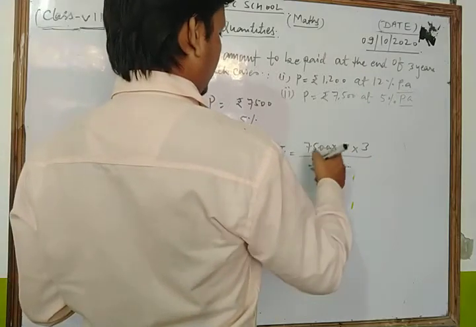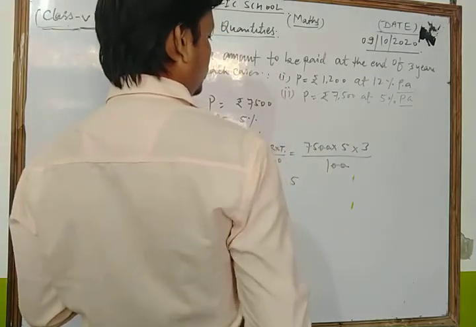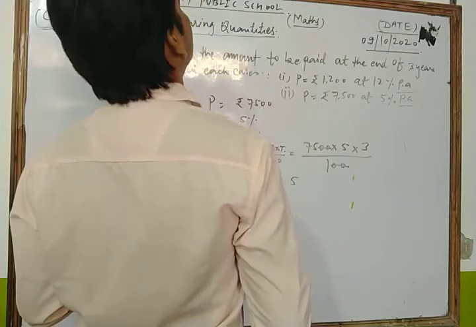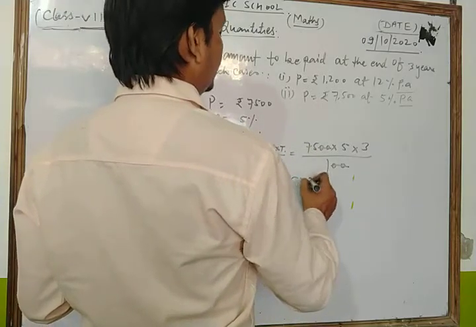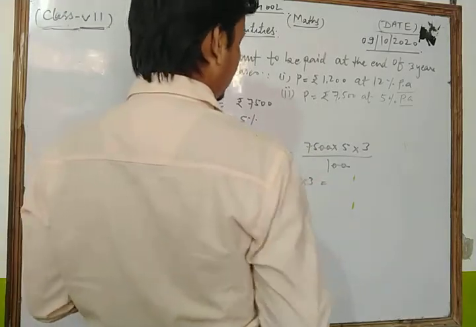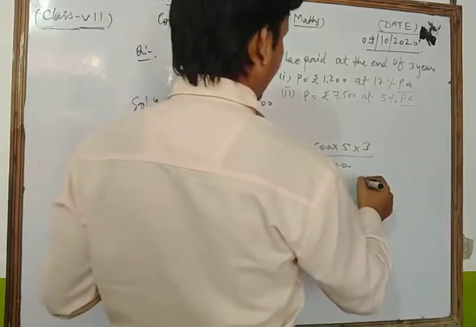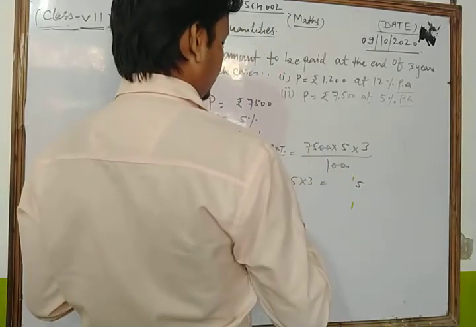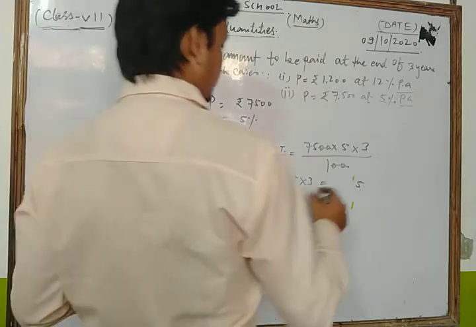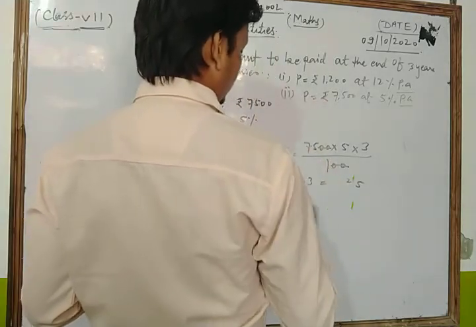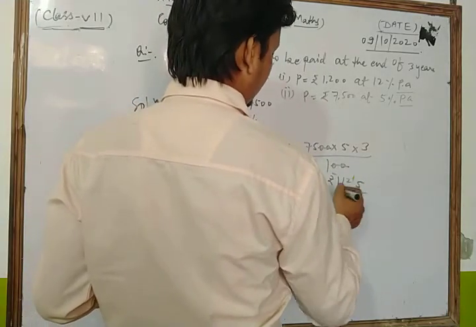Now we do 75 into 3. Now we multiply them. We get what? 3 fives are 15, 5 carry 1. 3 sevens are 21. So 1125 rupees.